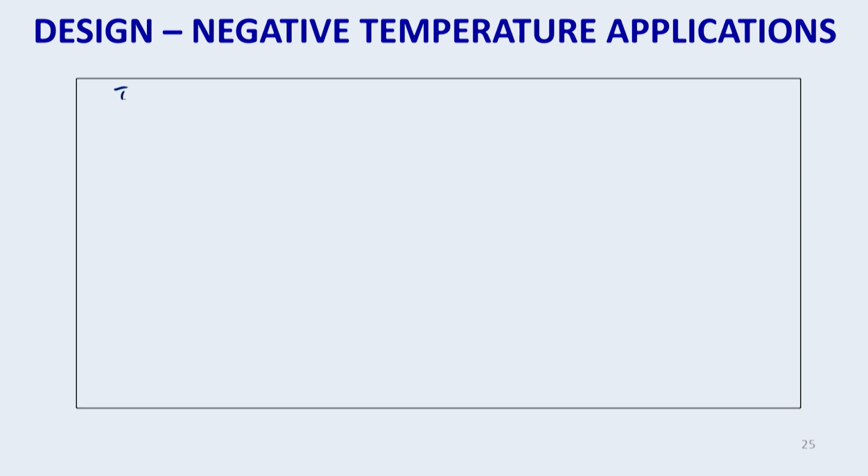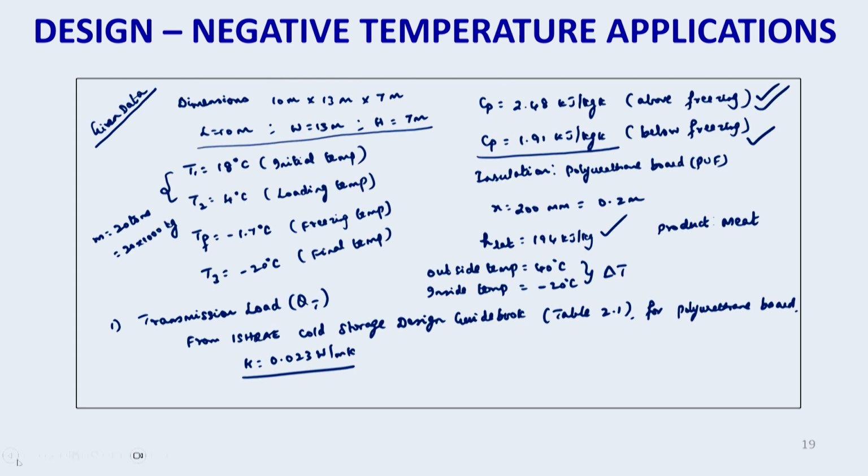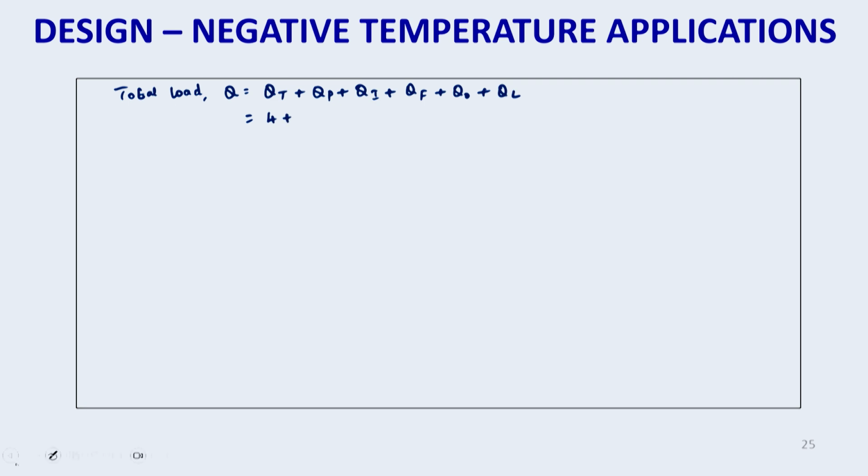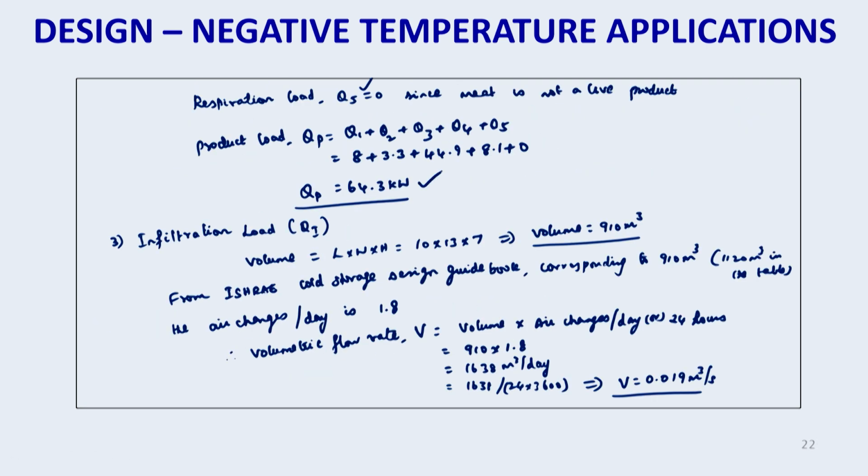The total load Q is equal to the summation of transmission load plus product load plus infiltration load, equipment load, occupancy load and lighting load. There are total 6 types of load. Transmission load is 4 kilowatt we have calculated. Product load is 64.3 kilowatt.